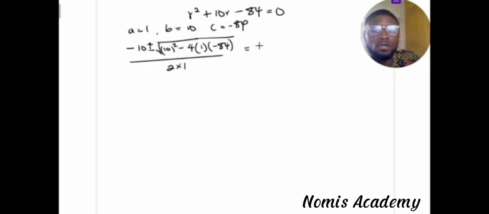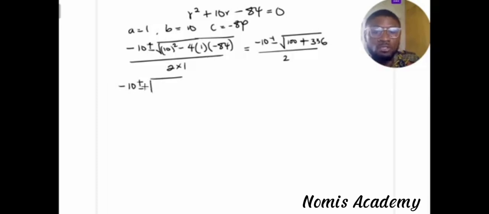So that becomes minus 10 plus or minus the square root of 100, minus times minus will give us plus, and then 4 times 84. 4 times 4 will give us 16, remainder 1. 4 times 6 will give us 32, and 32 plus 1, that will be 33, all over 2.